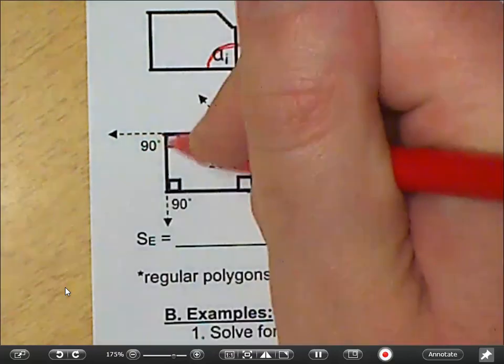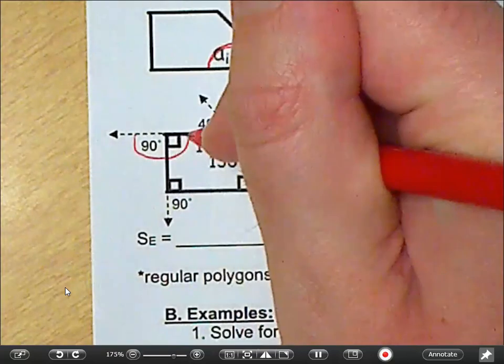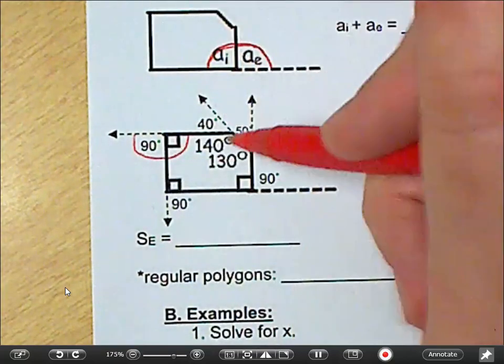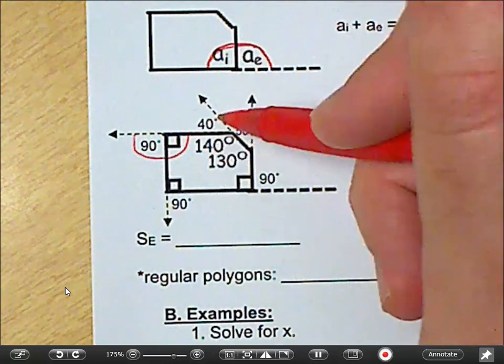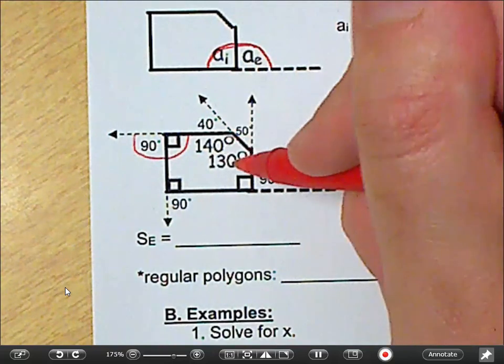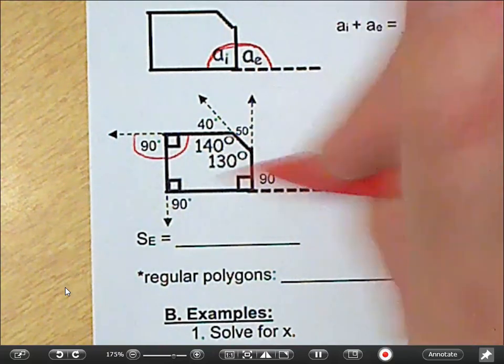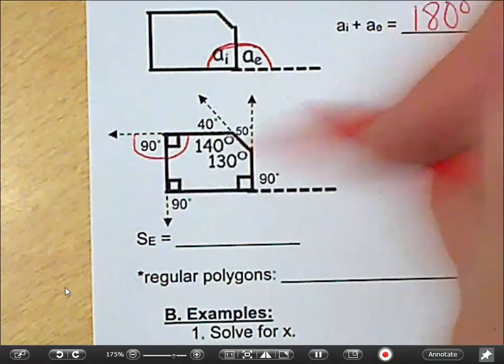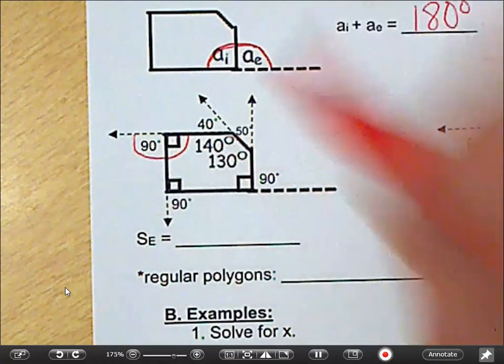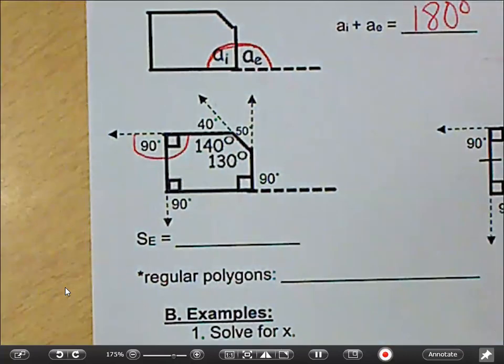So notice you've got 90 degrees and 90 degrees gives you 180. 140 and 40 gives you 180. 130 and 50. And then you've got pairs of 90s again. So no matter where you look, the interior angle and its corresponding exterior angle add up to 180 degrees.